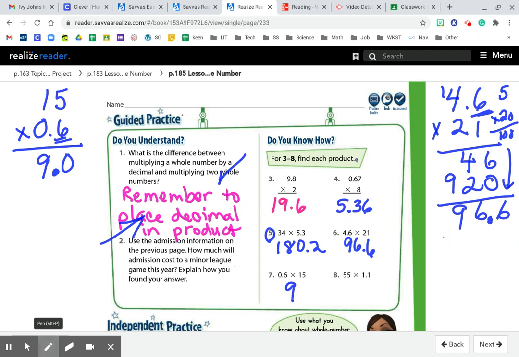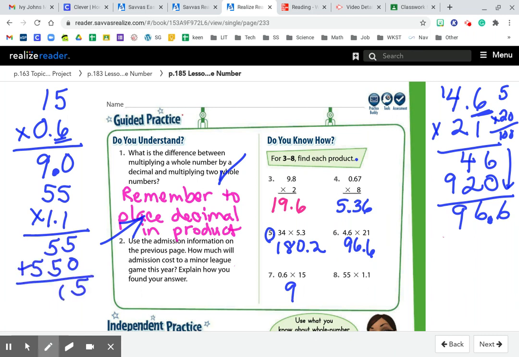And then for number 8, 55 times 1.1. Use my distributive property. And go and insert my decimal. Remember this one, if you're thinking in your head, I should have about 50 times 1, so it'll be about 50.